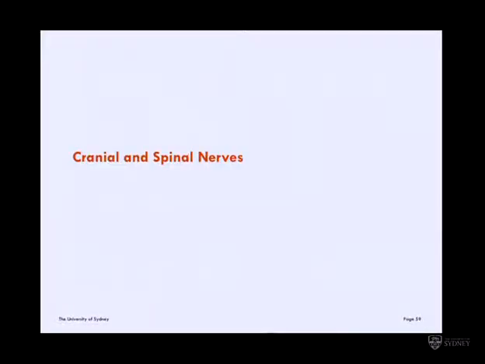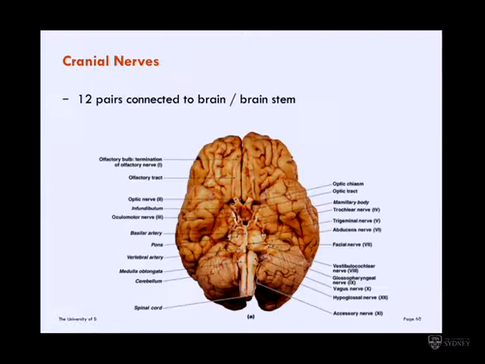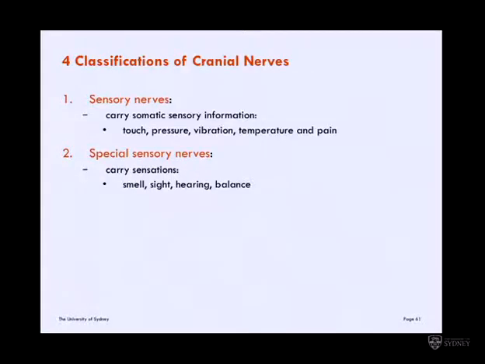All right, cranial and spinal nerves. So we have 12 pairs of cranial nerves that connect to the brain and the brain stem. Okay. 4 classifications. So they can be sensory nerves.